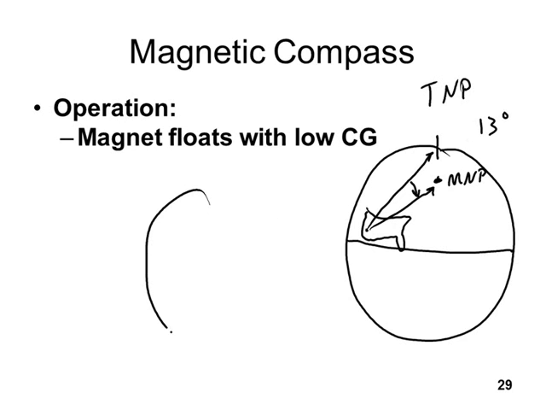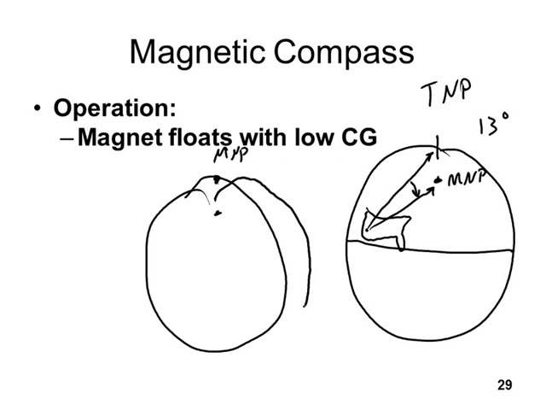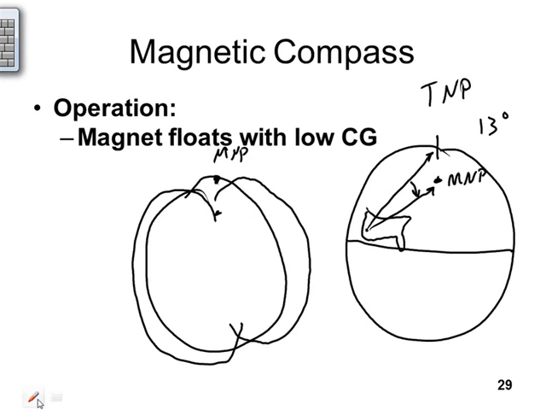If I drew a different picture, with the magnetic North Pole, these lines of flux are actually coming out and going in. That's a pretty lousy picture. In any case, let's try a different picture.